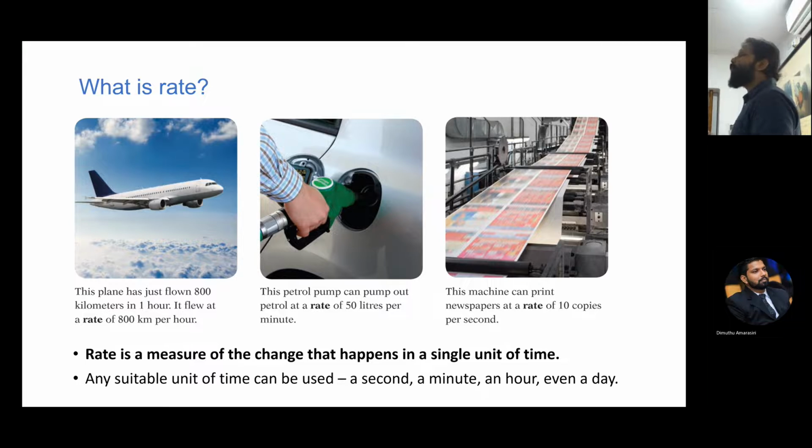Let's say 5 centimeters. Find a way. 4 centimeters comes within the month. So per month, 4 centimeters. That's a rate. Or you can divide 4 centimeters by 4 weeks. A month is 4 weeks. And per week, how many centimeters? 1 centimeter. So 1 centimeter per week. That's a rate. So write down: rate is a measure of change that happens in a single unit of time.